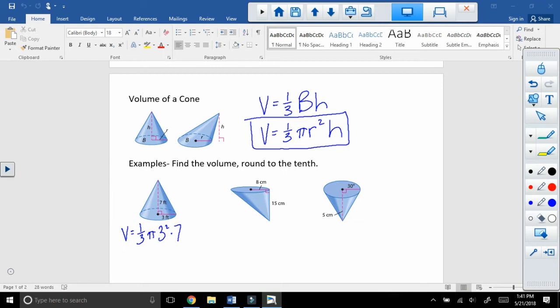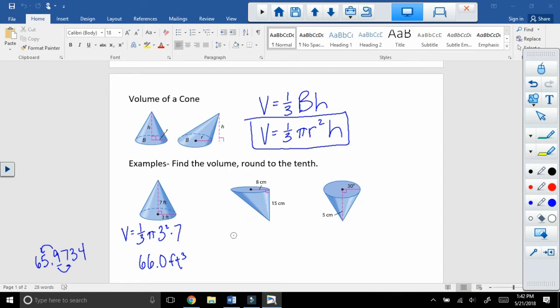So that one would be 66.0, and that is cubic feet. My calculator actually says 65.9734, etc. So remember, when you're rounding, if that needs to then round this up because you can't make that 10, you go ahead and do that.